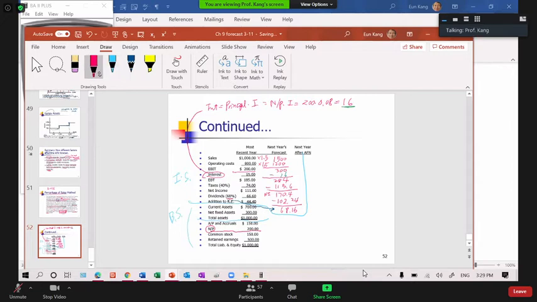Current assets. Current assets are growing spontaneously with sales, 50%. So you multiply 700 times 1.5. 700 times 1.5 is 1,050.